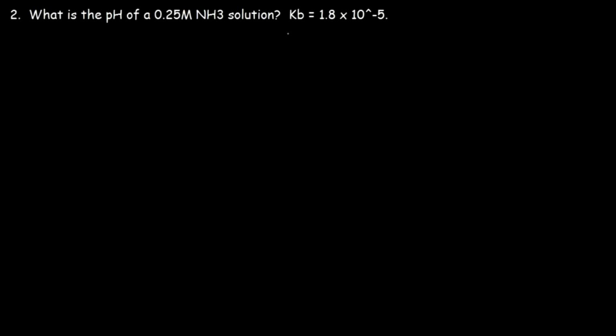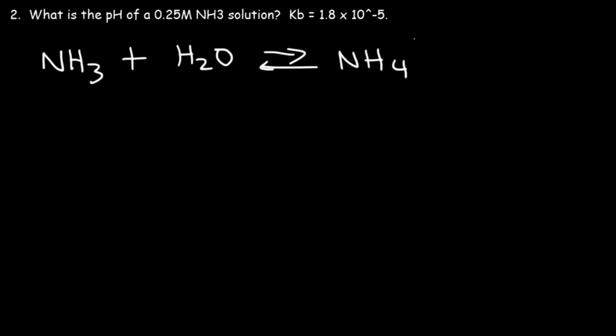So first, let's write a reaction. When you put a weak base with water, it's going to be a reversible reaction, and you're going to get the conjugate acid, in this case NH4+, and hydroxide. Let's make an ICE table just as we did before. The initial concentration for ammonia is 0.25.